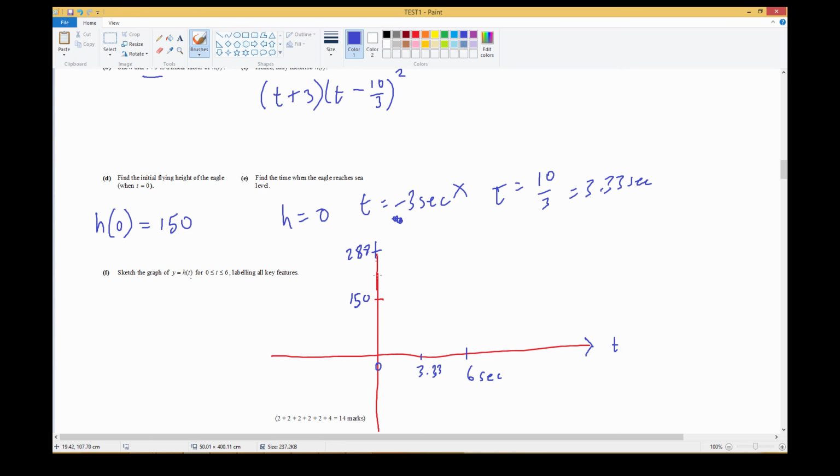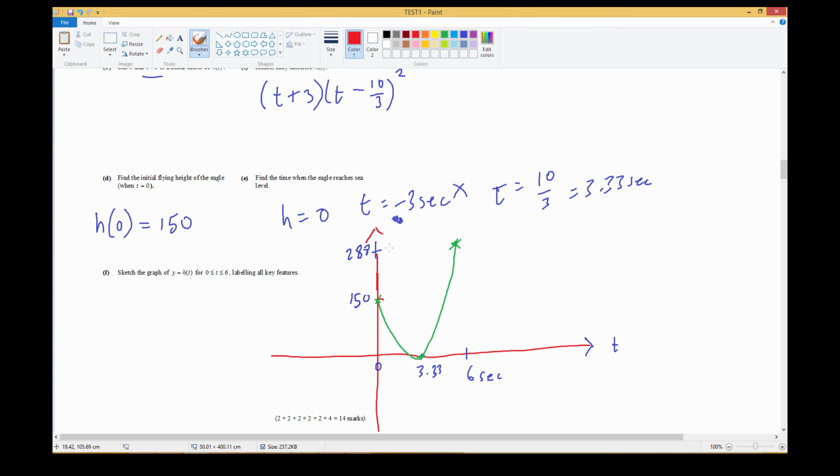So it starts its flight here. Draw another colour, green. It comes down, hits, not drawn properly, anyway, hits there and comes up to 288. So they're the endpoints.